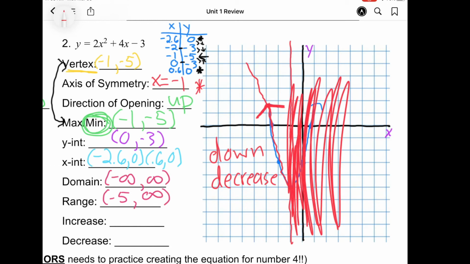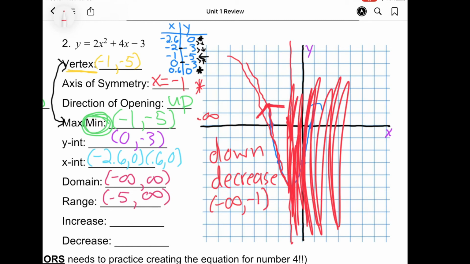So we're going to reach -infinity, and we're going to keep on decreasing until we get to x is -1, because that is where our axis of symmetry is going to change direction. So where x is -1, it no longer is decreasing.